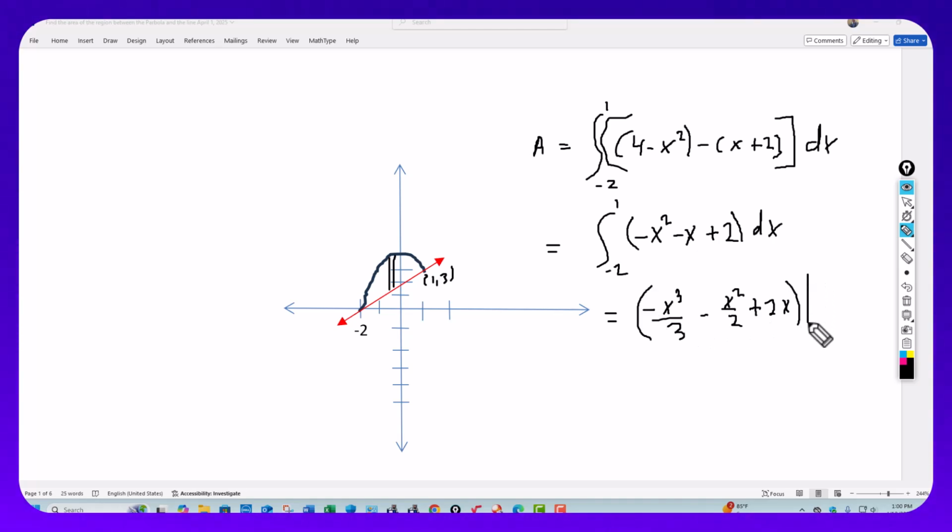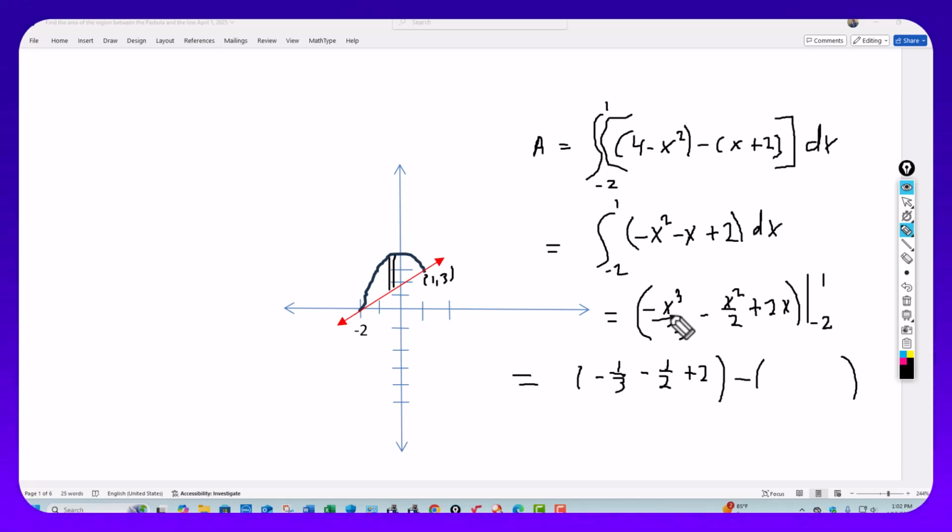And then we evaluate from minus 2 to 1. So this is going to equal, we evaluate at 1, replace the x by 1, and then we subtract the value evaluated at negative 2. So we replace the x by 1, get a minus 1/3, minus 1/2, plus 2. And that's going to be minus the value at negative 2.